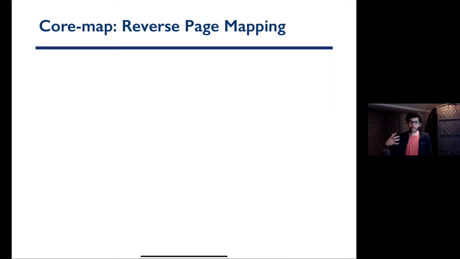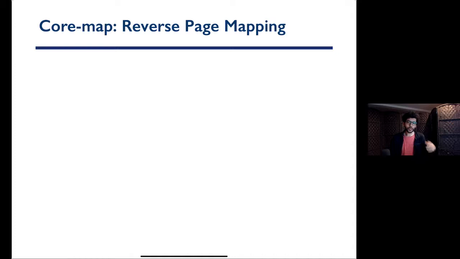But do we also need to know the physical page to virtual page mapping? Why is that even important? So let's say you want to evict a page. What are you going to do? If you evict a page, you have to go and invalidate its translation in the page table entry.